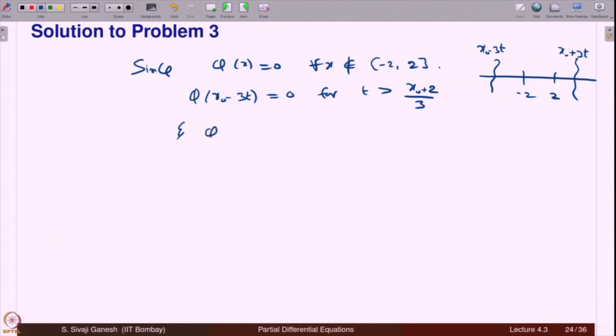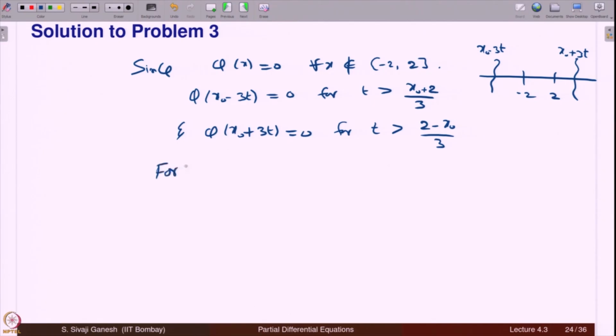And phi of x naught plus 3 t will become 0 for t bigger than 2 minus x naught by 3. So, whenever t is bigger than both of them, phi of x naught minus 3 t as well as phi of x naught plus 3 t will be 0.